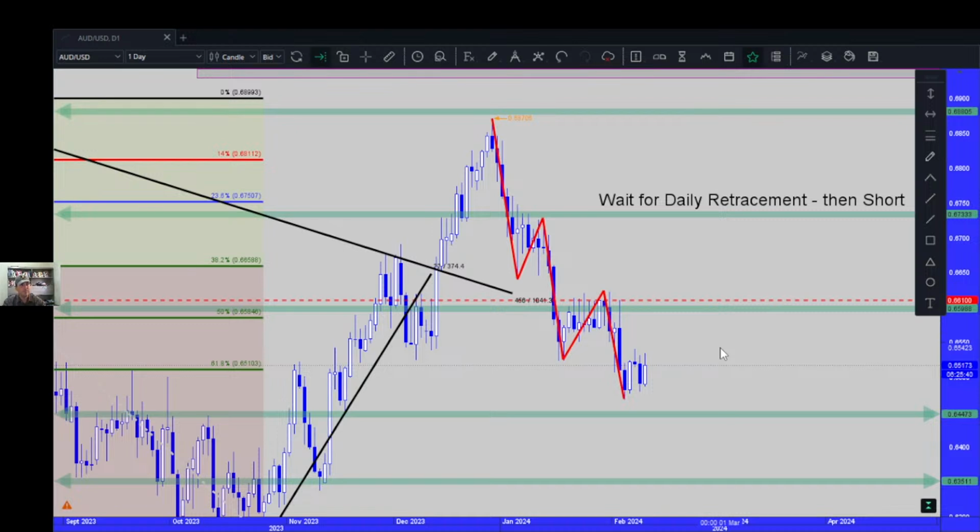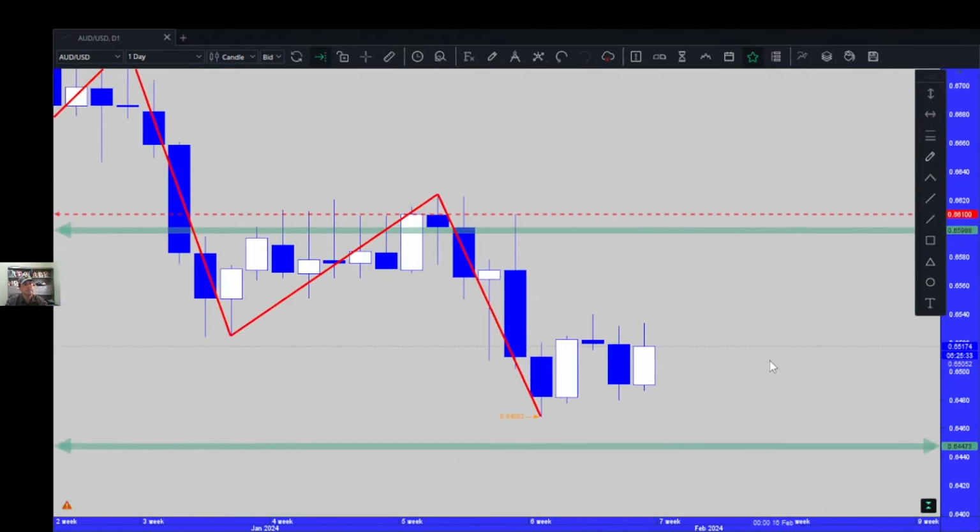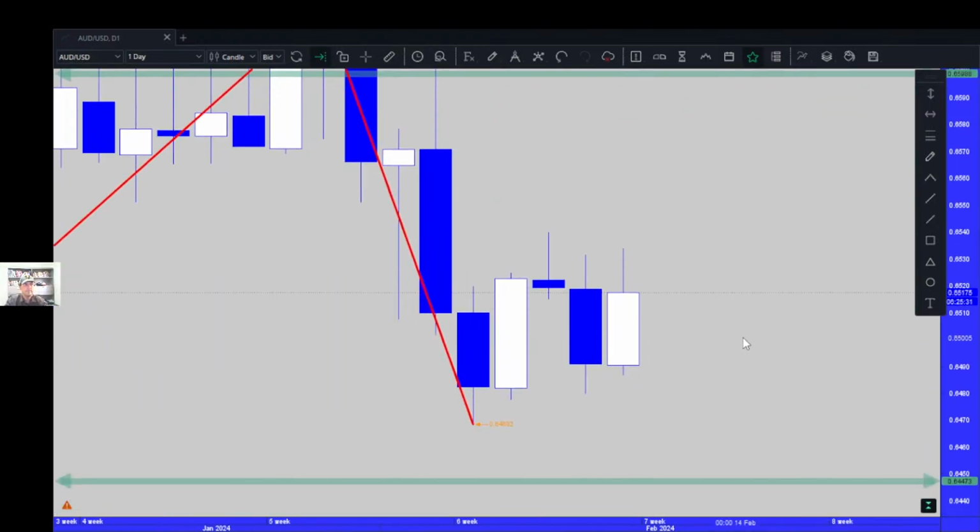It's good news. Alright, so AUD USD. What about AUD USD? Monday, Tuesday, Wednesday, Thursday, Friday. If you shorted the market, you didn't make a lot.